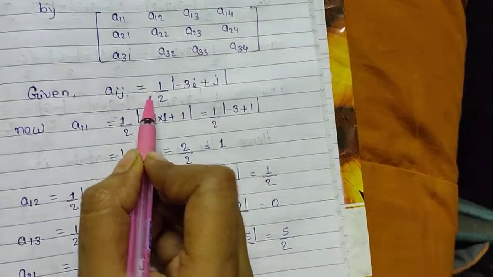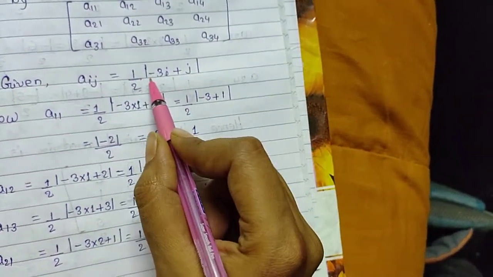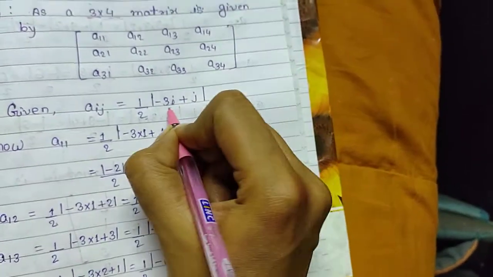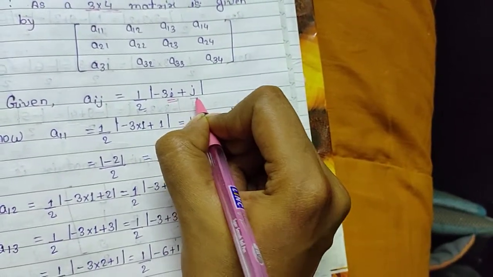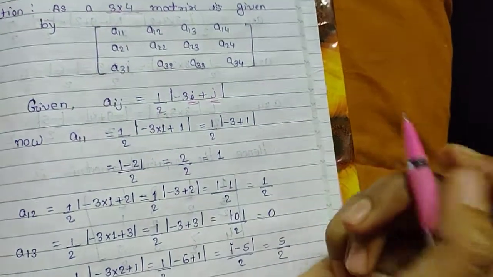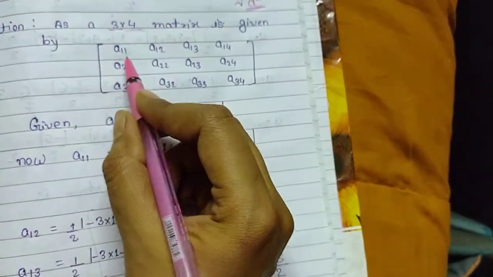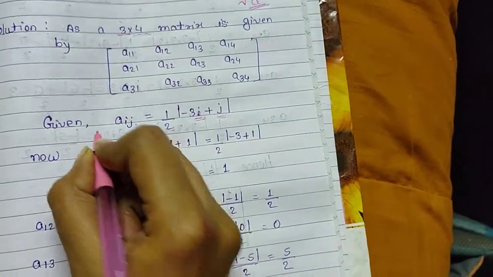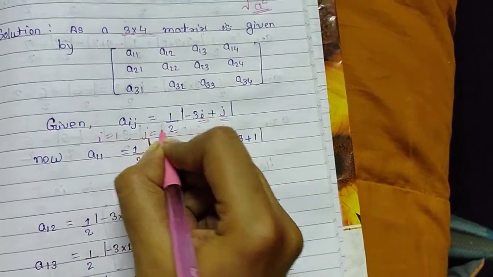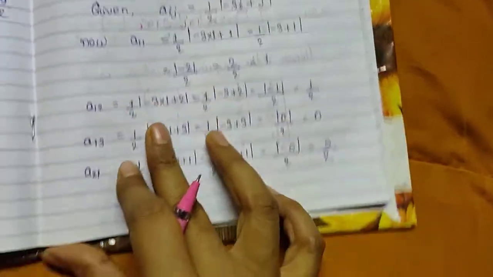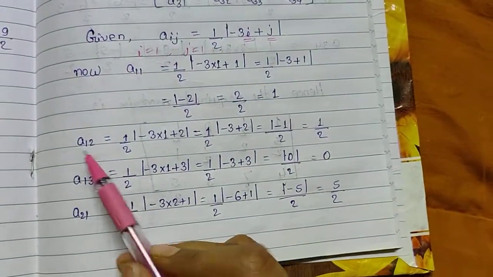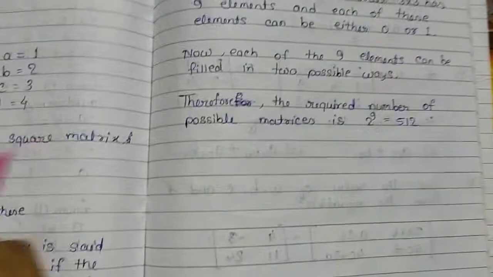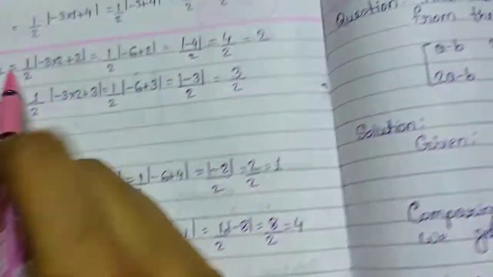Given aij = 1 upon 2 mod of (−3i + j). Here i is the number of rows and j is the number of columns. Continuing, we put i equal to 1 and j equal to 1. Similarly, we find A12, A13 and A14.